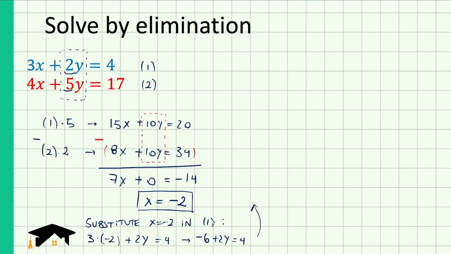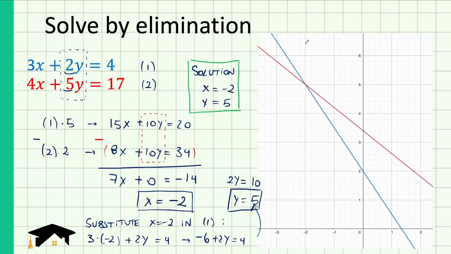And now if I add 6 on both sides, I get 2y equals to 4 plus 6 is 10. So y, dividing by 2, is equal to 5. This tells us that the solution was x equal to minus 2 and y equals to 5.